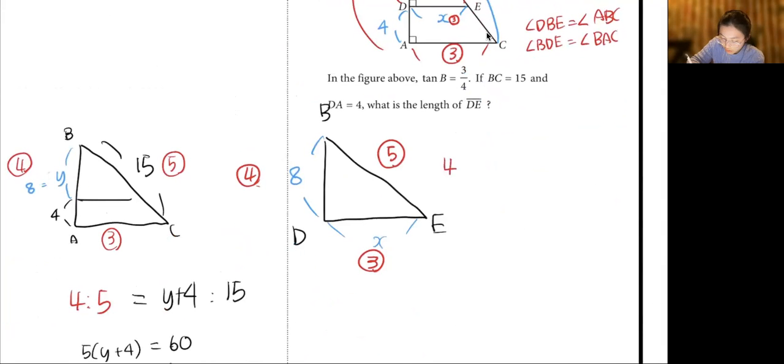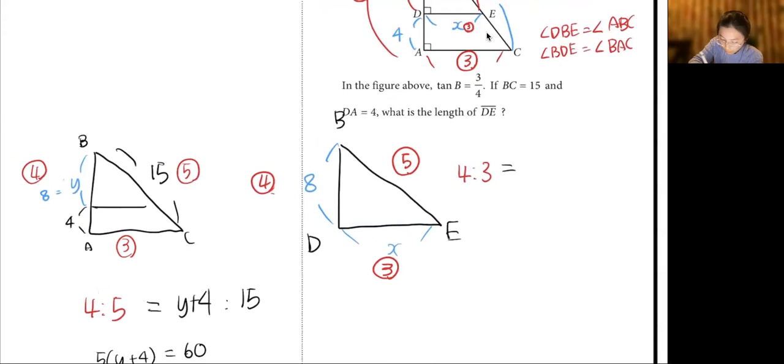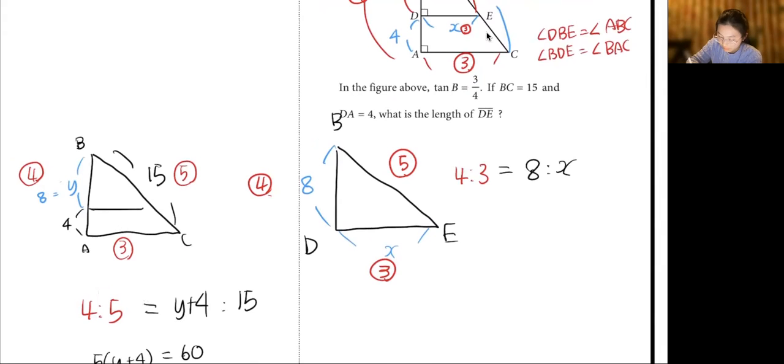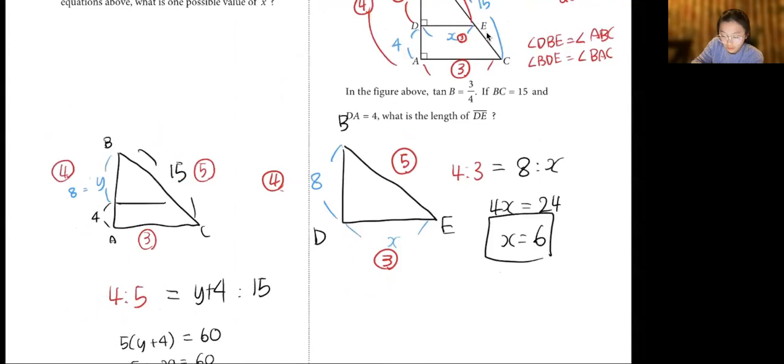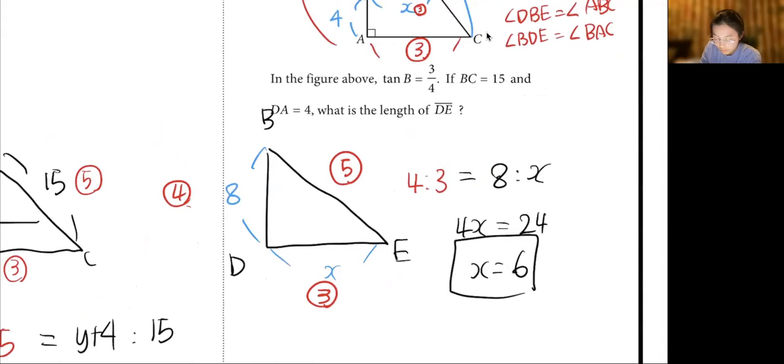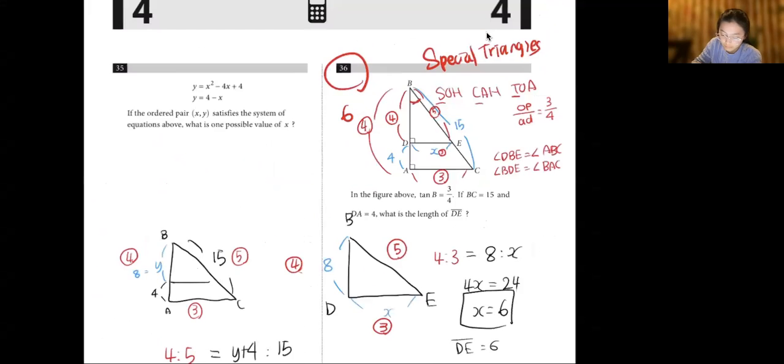So the ratio 4:3 is equal to 8 to whatever x is. Calculating like we did for the previous one, that's 24 equals 4x, and dividing both sides by 4, x is 6. So the unknown value DE equals 6. Okay, thank you.